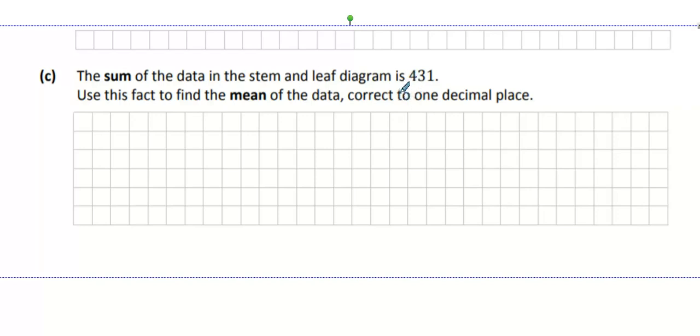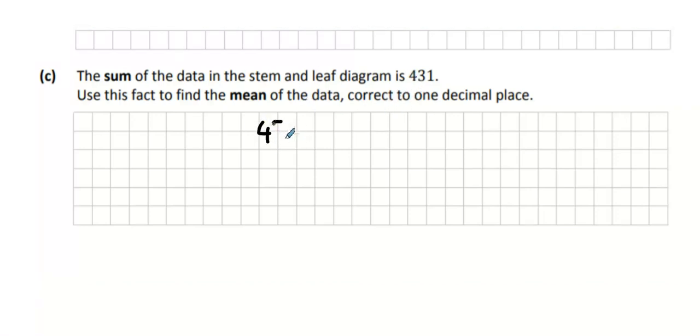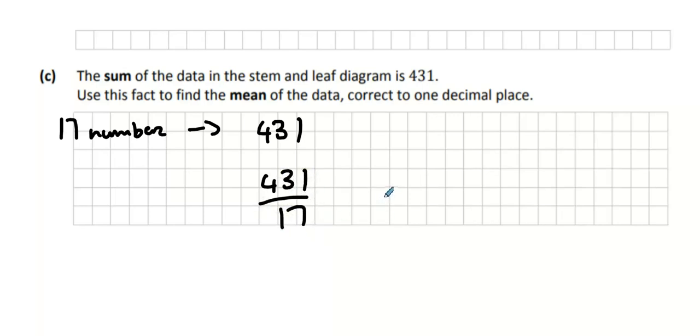So what we're going to have here, guys, is 431. 17 numbers add to give you 431. So the average of each number is 431 divided by 17, which is 25.35, which should be an average of 25.4 copies.